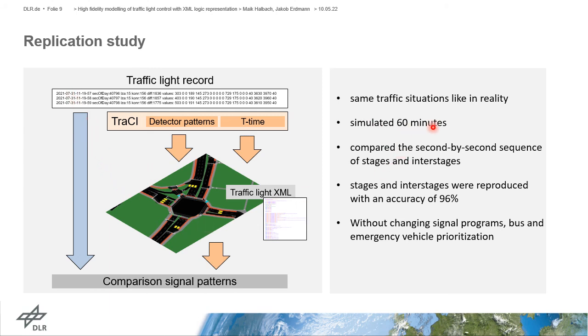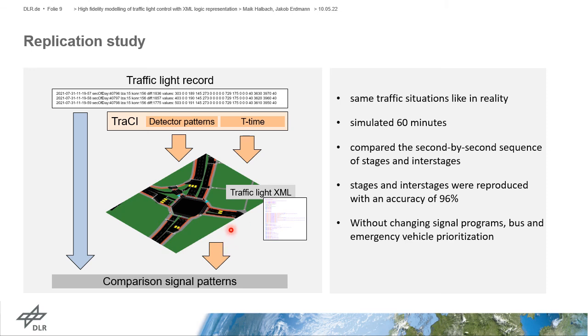And we simulated 60 minutes and compared the second by second sequence of the stages and interstages from the reality with the corresponding sequence from our simulation. And in our experiment, the stages and interstages were reproduced with an accuracy of 96%.